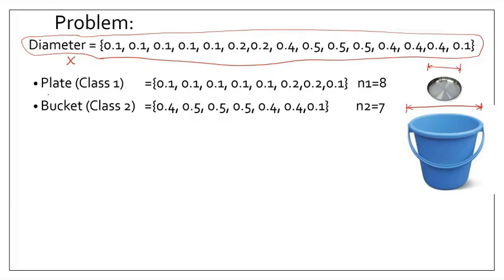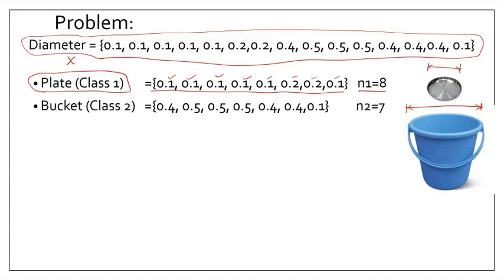Now out of that, if I separate the plate measurements, I can call that class 1. So I have collected all the plate measurements. These are different plates, and I just measured their diameters.